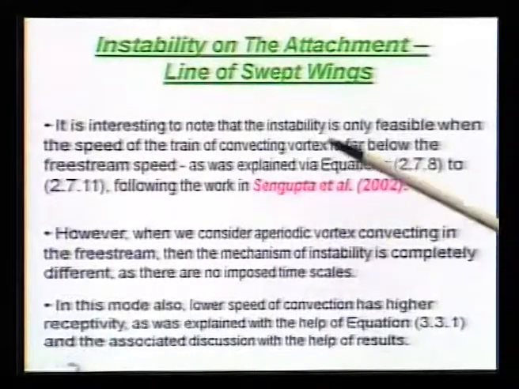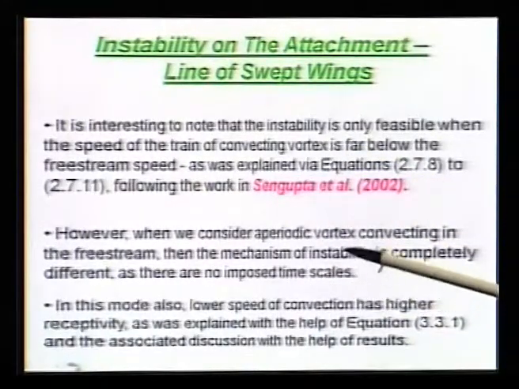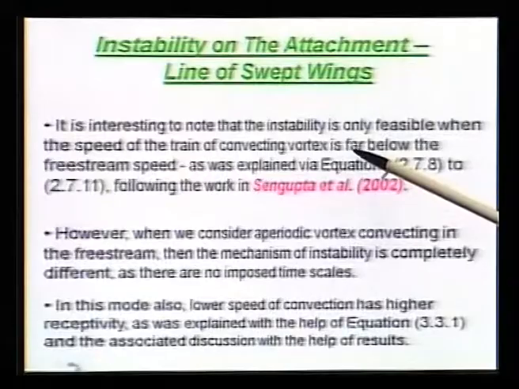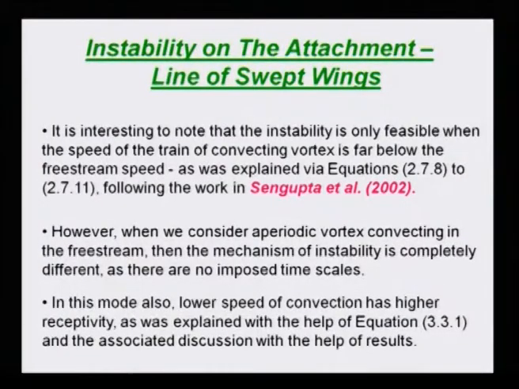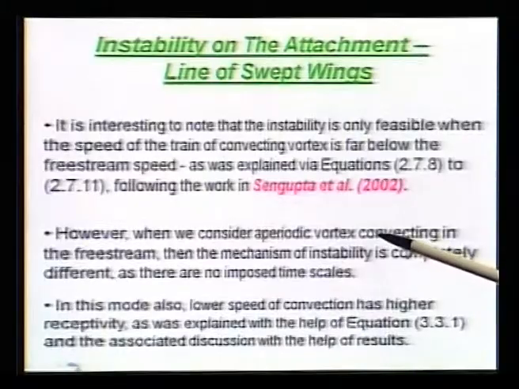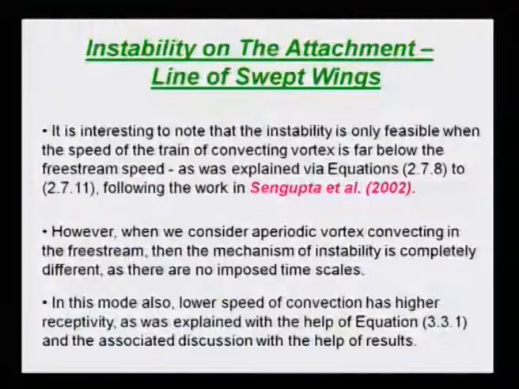But there are differences. One of the main differences, of course, in the periodic vortex case, is that you impose a space and time scale. Here you don't. In this case also we said that lower speed of convection has higher receptivity. That we have seen with the help of those expressions for disturbance stream function.